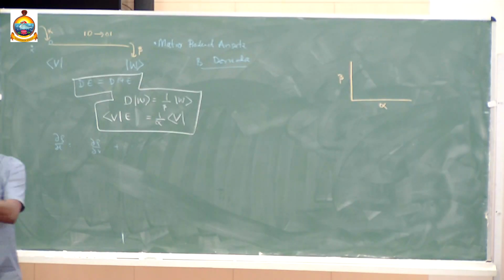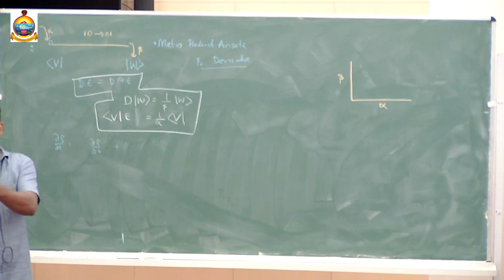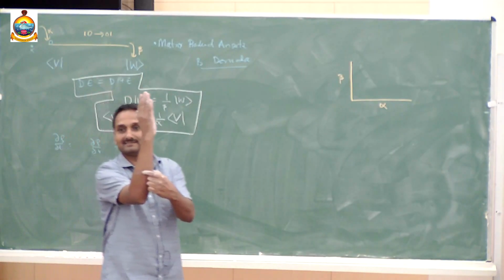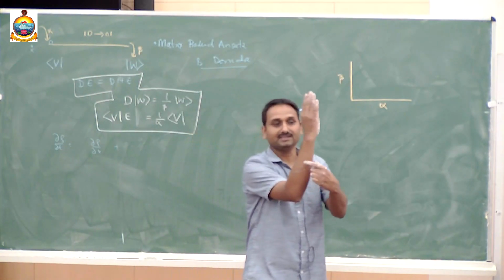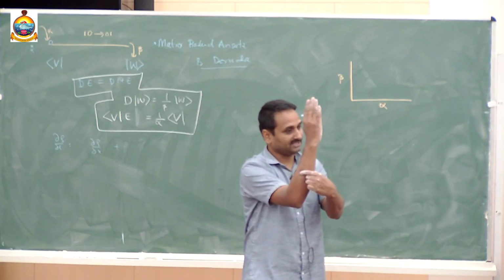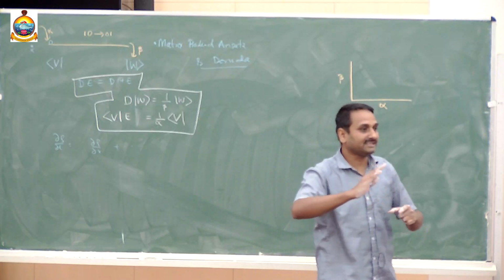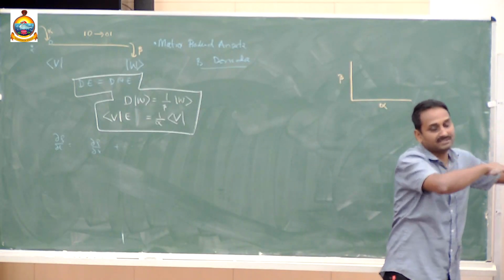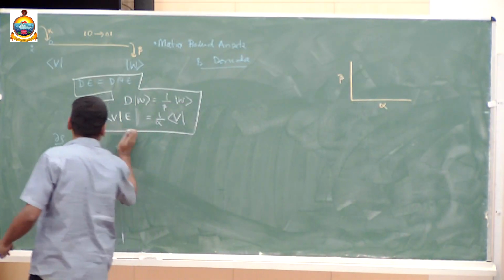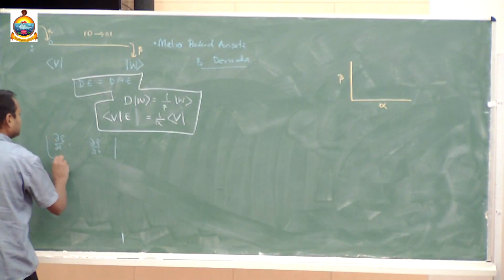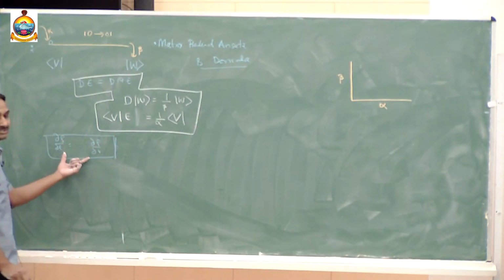But if it is a biased diffusion, the important part is that this peak is moving. That part comes from del by del x, because there is a gradient, it's like moving along the gradient. The other term is less relevant. So this is like a first order equation.